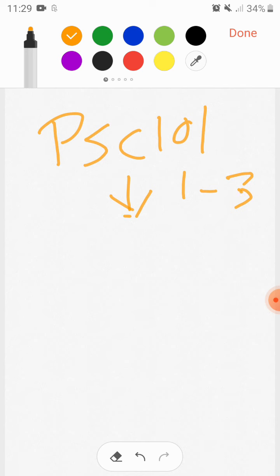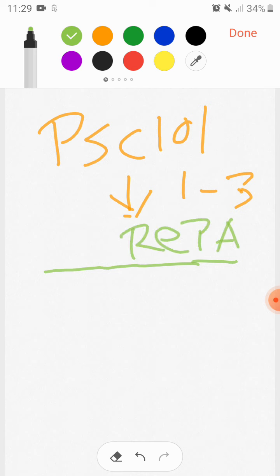And for replication there is an origin of replication, and there is an important protein which is necessary for this replication, called RepA protein. RepA is a very important protein for replication in stringent plasmids, and it binds within a region near the origin of replication of pSC101.